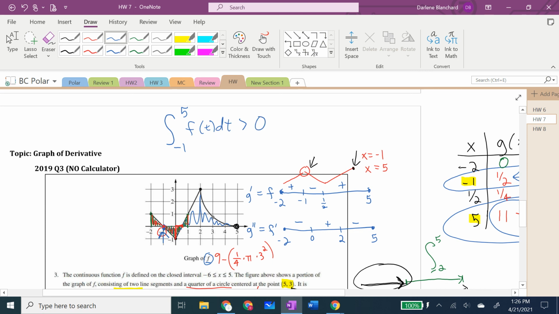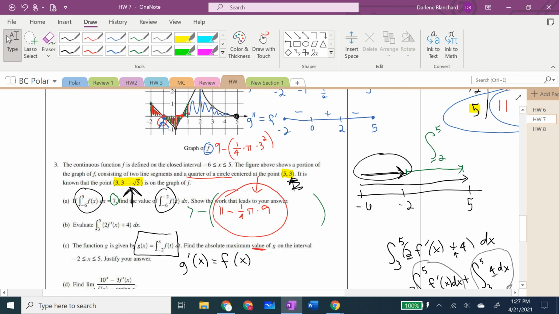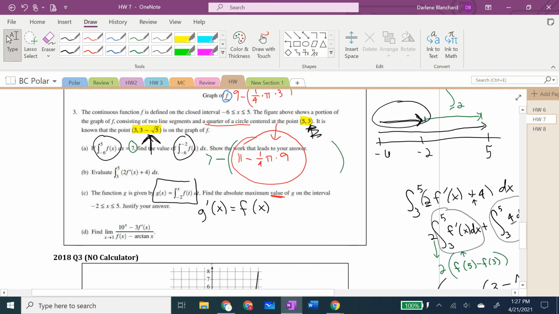So that shows that you gain more than you lose. That is a calculus explanation of that, and that's acceptable. It's just they have to have a calculus explanation. I think that gets the point across. Okay.